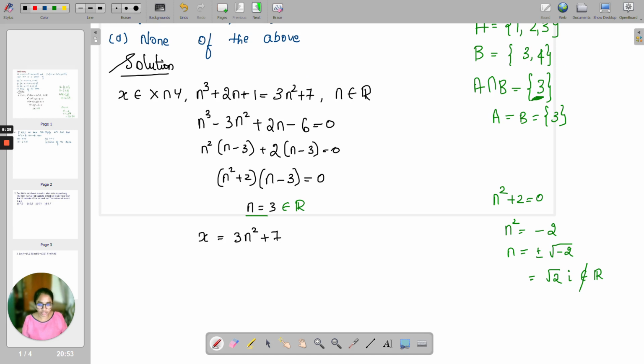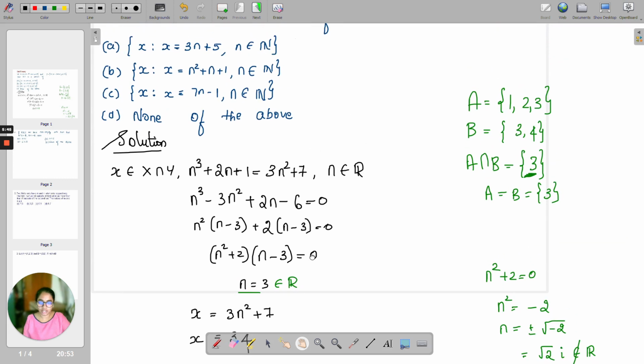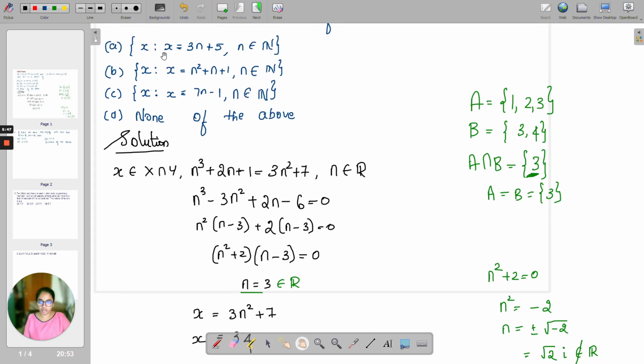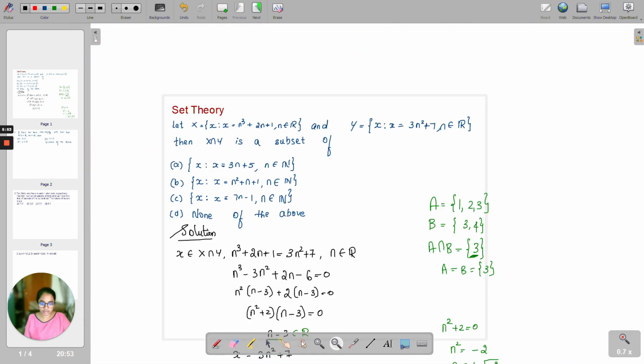What is the value of this? 34, right? So now we have the x value. In the given question, check for which value of n you would get 34. Let me take the first one.